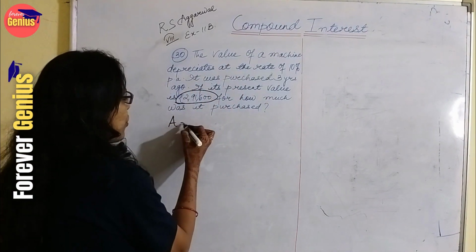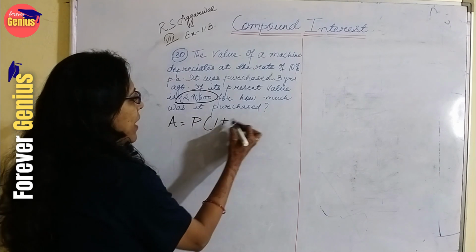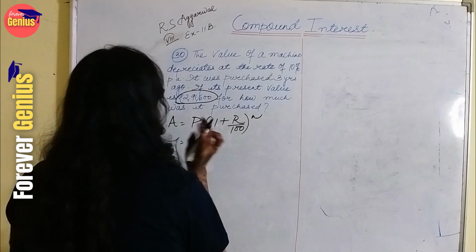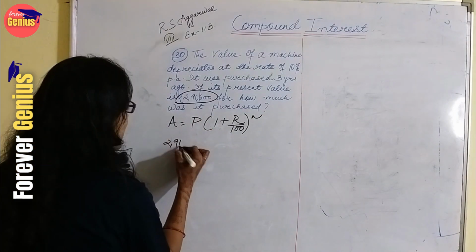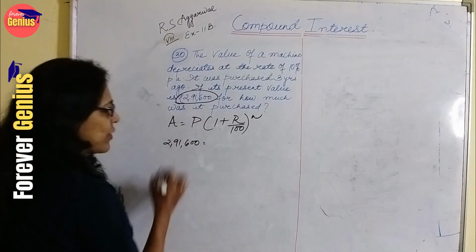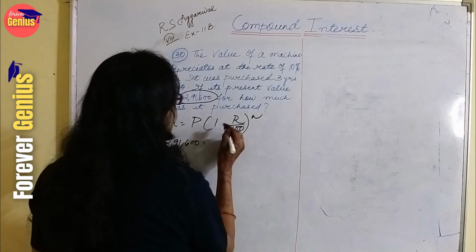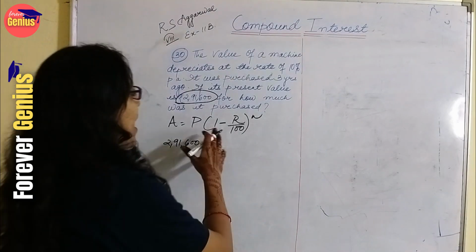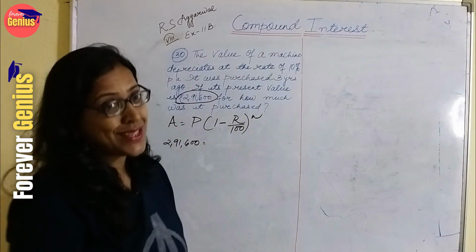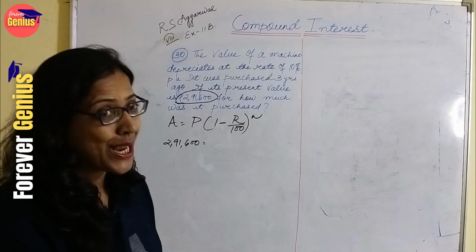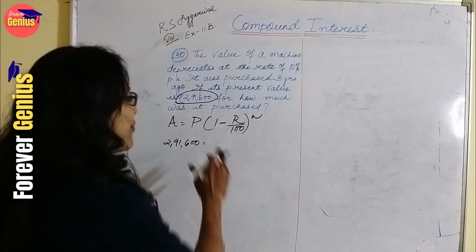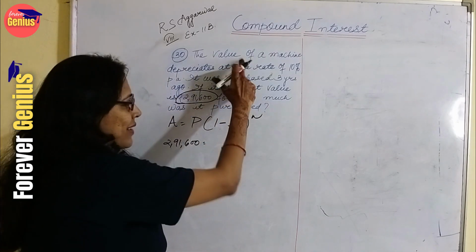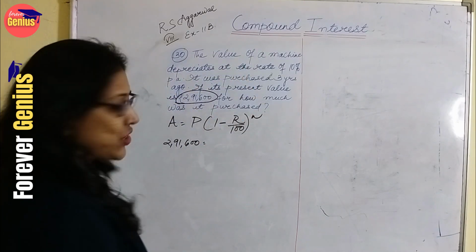So A is equal to P into (1 plus R by 100) to the power n. So 2,91,600 is equal to, not plus, it is minus, depreciates. I just wrote it so that we can check whether we are looking at it or not. Just before starting, I changed it so that we understand it is depreciation, not addition.